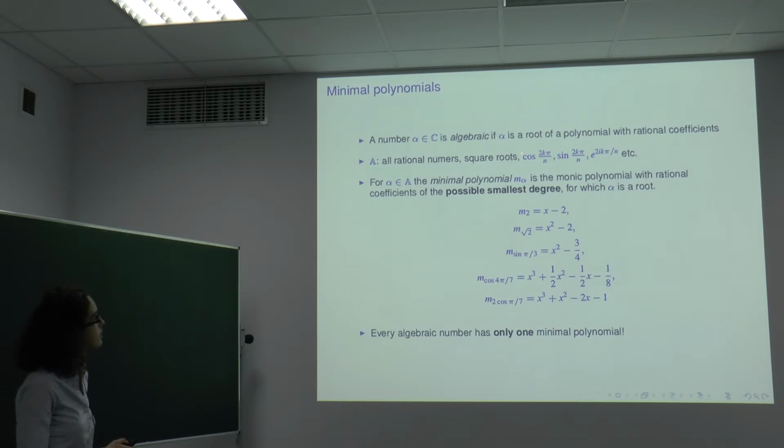As I've just said, the number of polynomials with rational coefficients for which A is a root can be infinite. However, among them, we can distinguish the minimal polynomial, which is the monic polynomial with rational coefficients of the smallest possible degree.